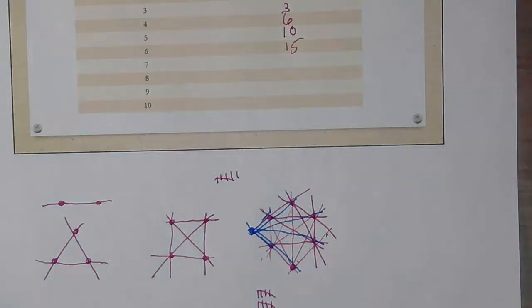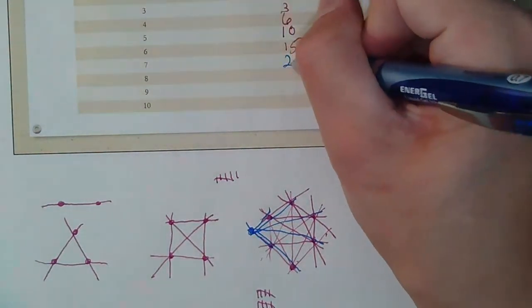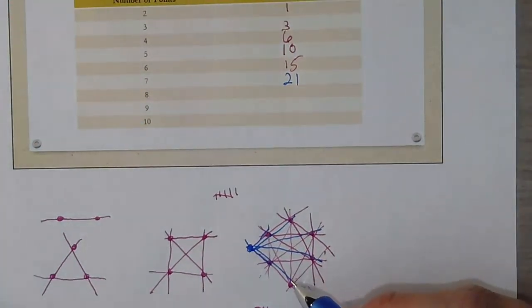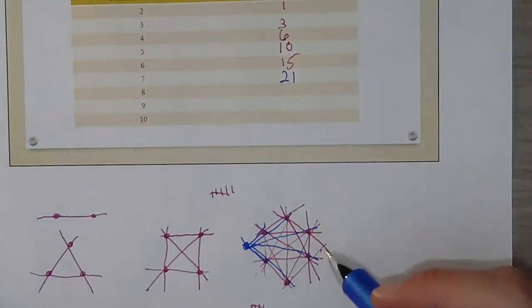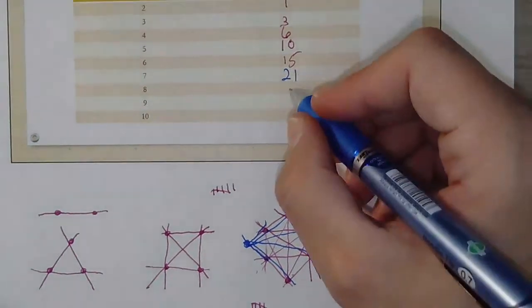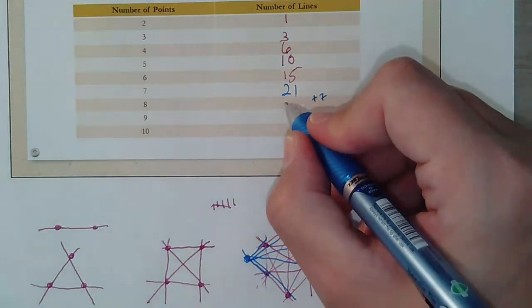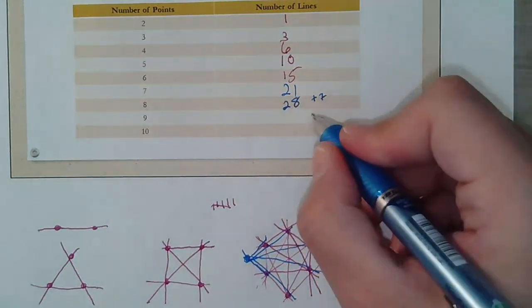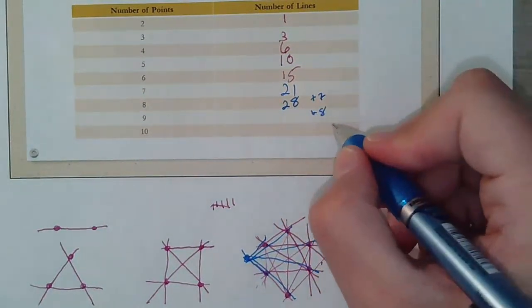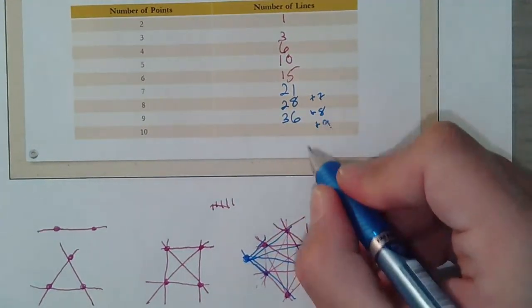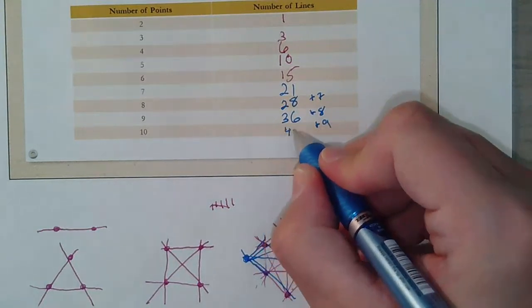So I can add 6 more lines. So that would be 21. So if you notice, I've got a pattern going. So that means I could add 7 more here, and that would be 28. I could add 8 more here, that would be 36. And I could add 9 more here, and that would be 45.